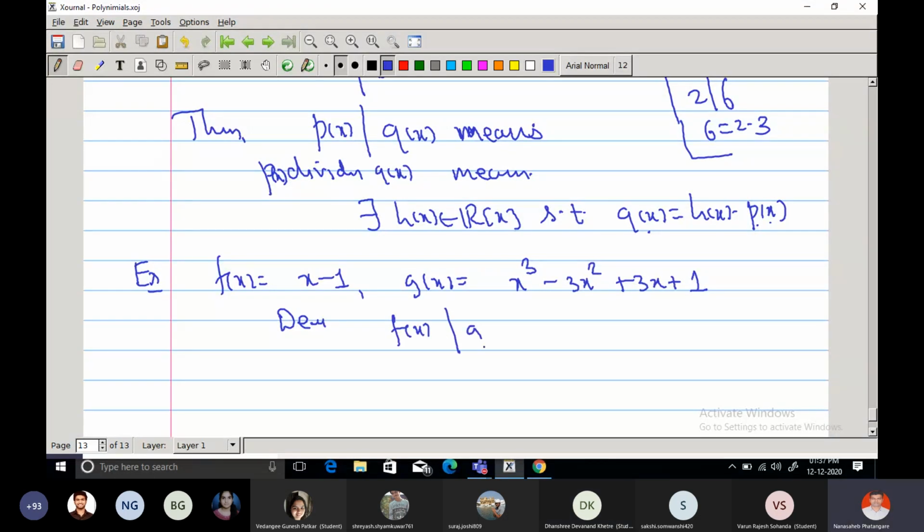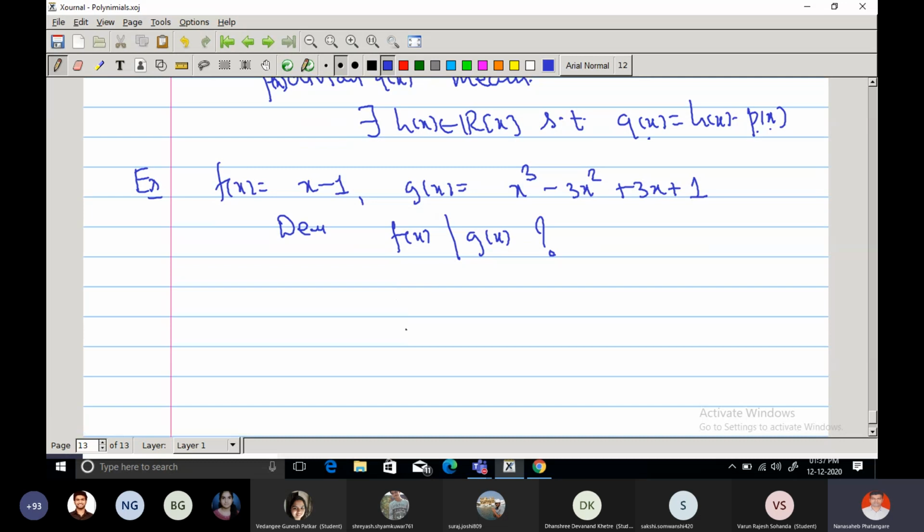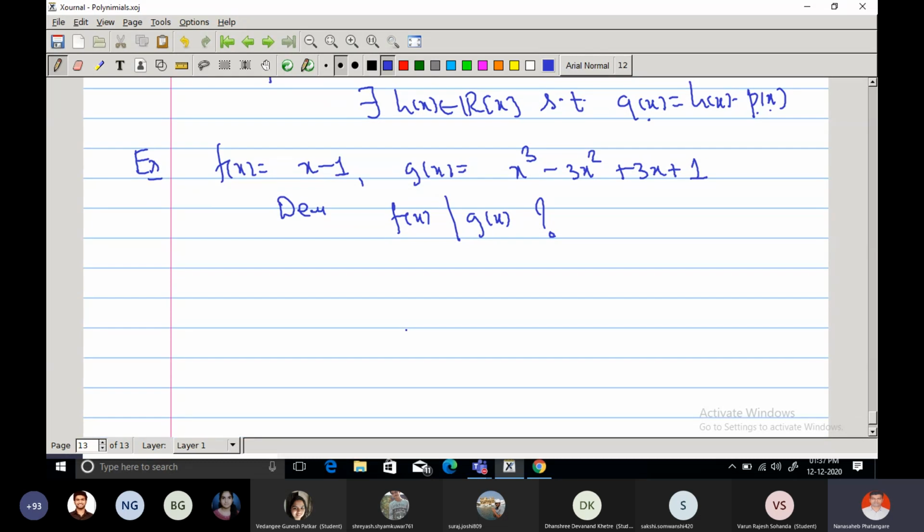Yes, right? Because gx is equal to fx into some hx. What is gx? x cube minus 3x square plus 3x minus 1. Okay, I should say minus 1 here.